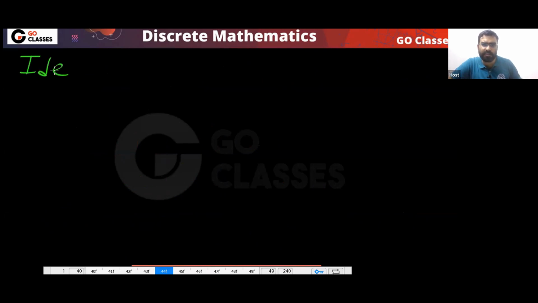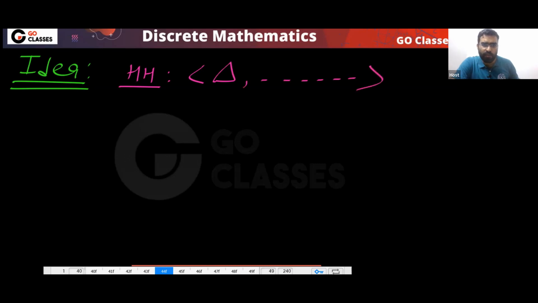Now, what is the idea? Let's see what is happening here. This idea will make everything clear. In the Havel Hakimi theorem, this is your maximum degree vertex, and then you have some other vertices.